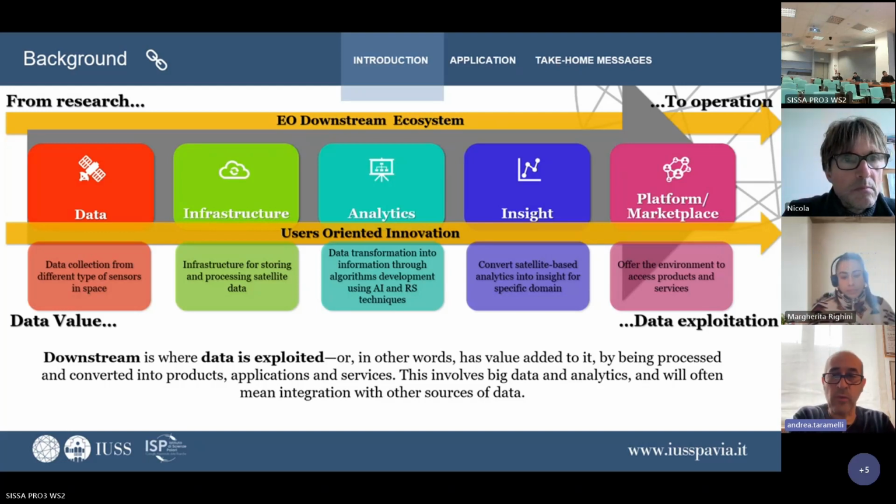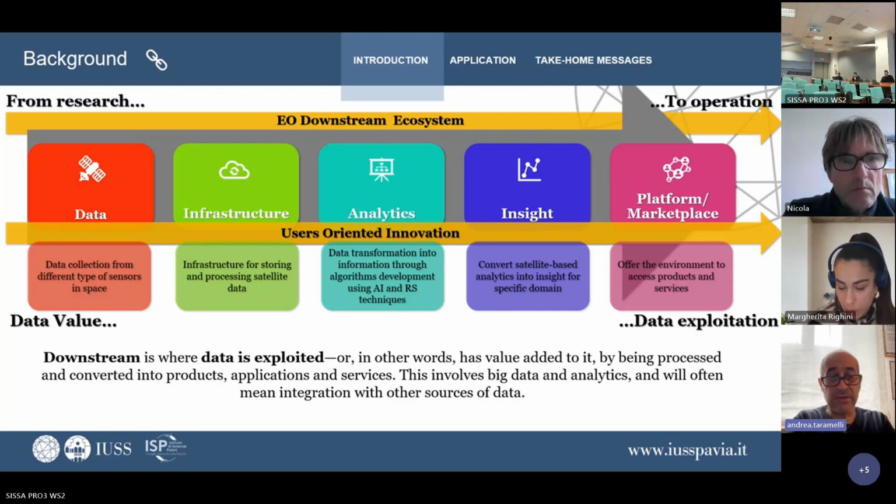So there are some huge funding grants right now, both from European level and from the Next Generation EU, the famous PNRR, that are trying to figure out how we can build the infrastructure that makes data exploitation possible.